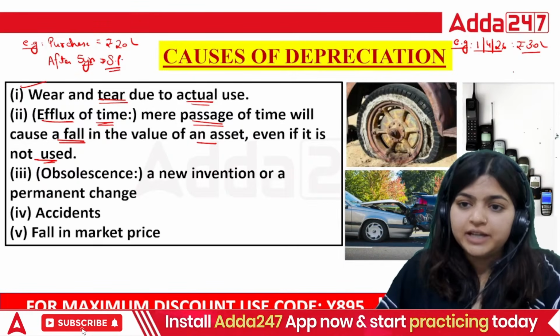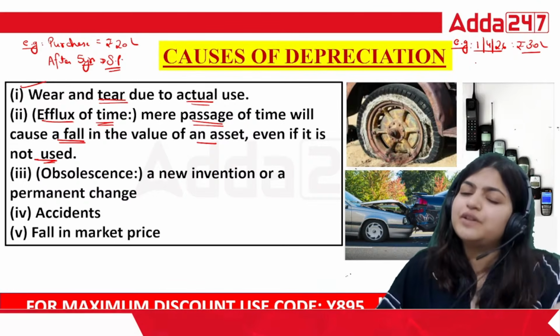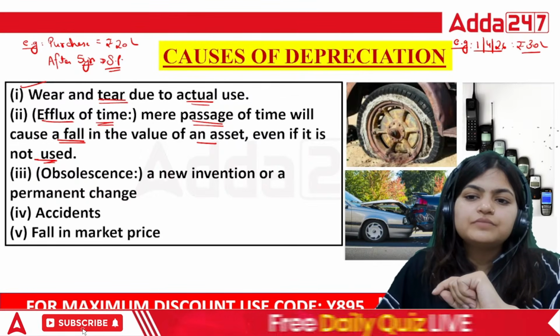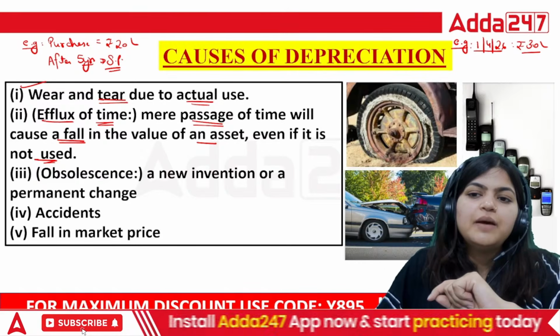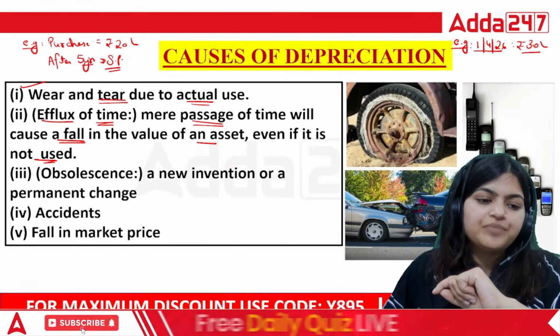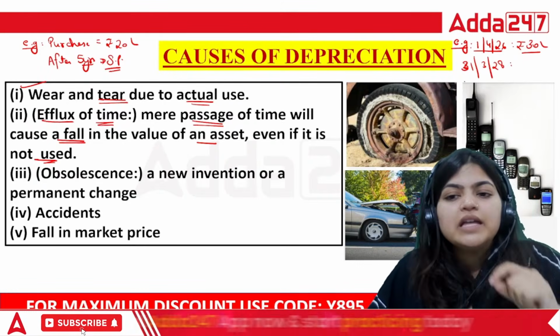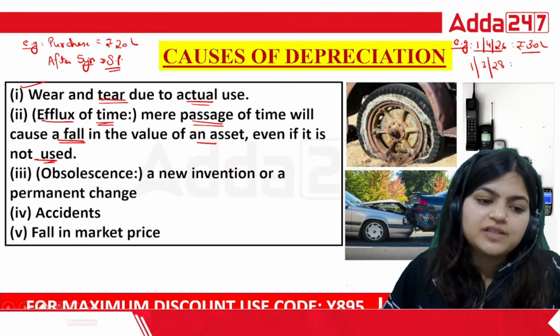After 1 year, I decided, as I'm not using it, let's sell it. Not after 1 year, let's say after 2 years. So this is now 31st March 2028. Now, after 2 years, suppose you are interested in that car.